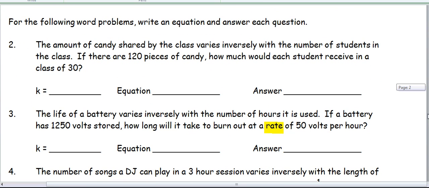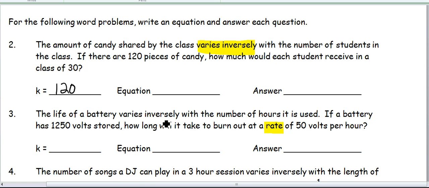For the following problems, write an equation and answer each question. So the amount of candy shared by the class varies inversely. All right, we need to start finding these. Varies inversely with the number of students in a class. If there are 120 pieces of candy, how much would each student receive in a class of 30? So my K is going to be my total amount of candy. That's constant. It will never change.